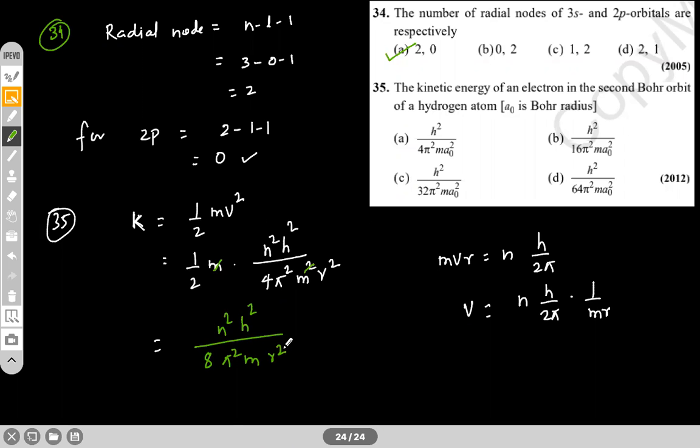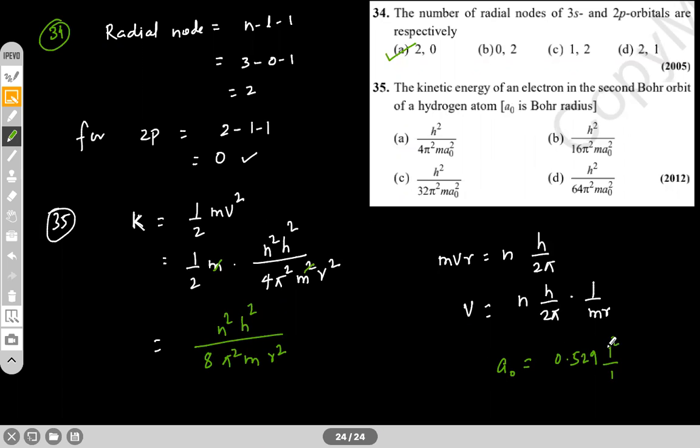Okay, kinetic energy of an electron, a naught is the Bohr radius. We know the Bohr radius is for 1 square by 1. This is A naught.